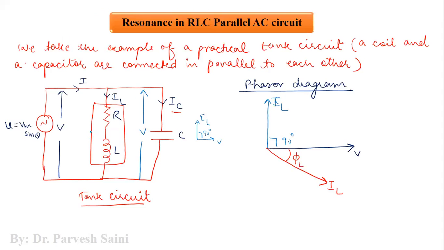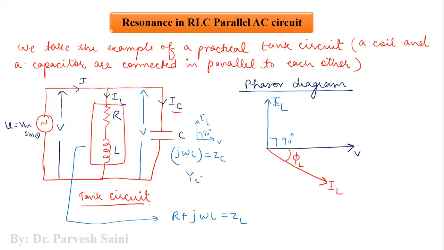The admittance of the given circuit, because there are two branches here, would be j omega C, the susceptance basically, and for this we have R plus j omega L. So this is the impedance of this particular branch.